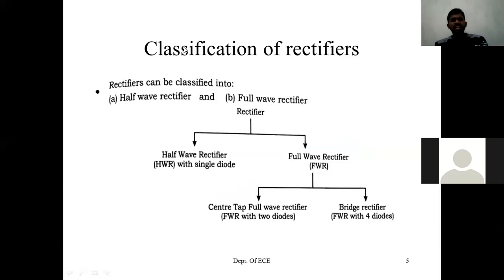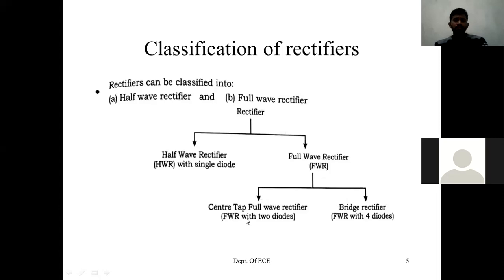Okay, so the rectifiers can be classified like this: half-wave rectifier and full-wave rectifier. The half-wave rectifier is a simple form of rectifier which uses only a single diode. And for the full-wave rectifier, based on how we apply the AC input and how many diodes are used, it is categorized into two like this.